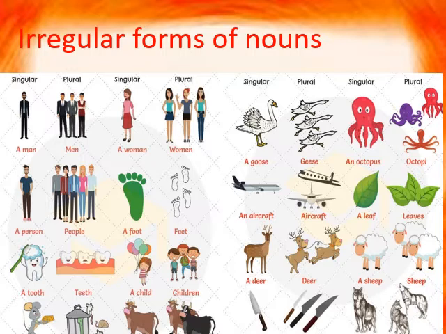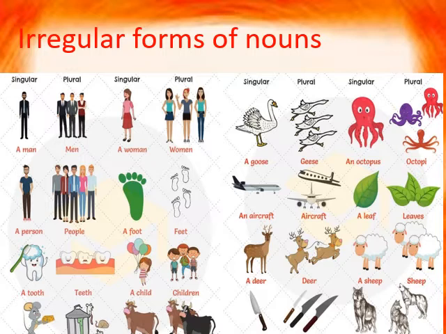Here also, in the plural form, O is removed and E is written. Next, a child, a single child. If there are many, you call them children. C-H-I-L-D-R-E-N, children. R-E-N is written in the plural form.